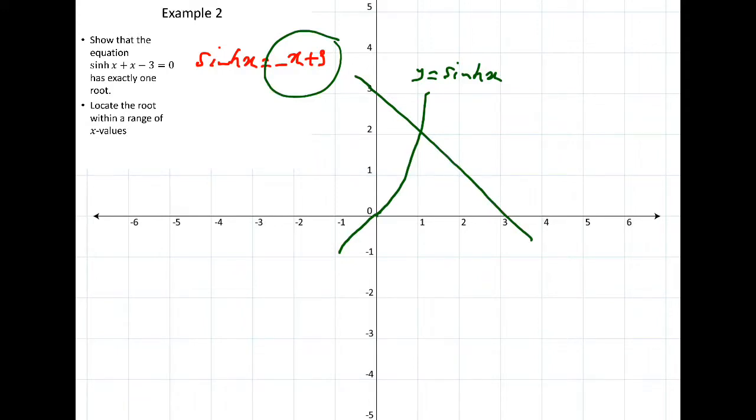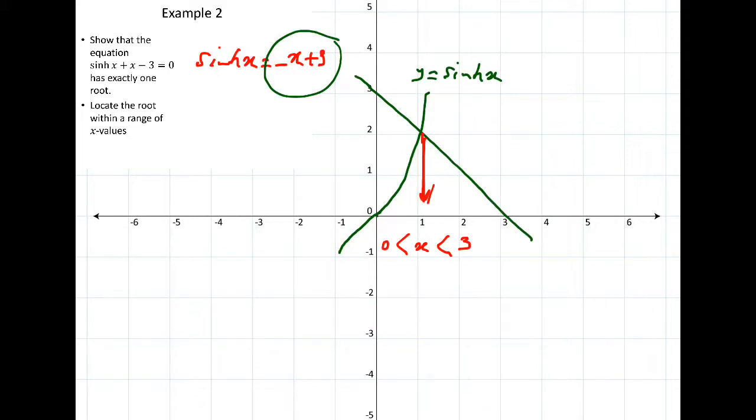And this point here, well, it's not exactly up to scale, but we have a root here. The root lies between 0 and 3, bigger than 0 and smaller than 3.